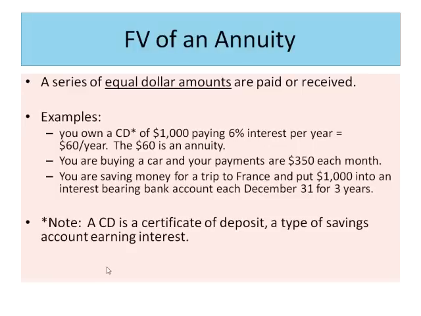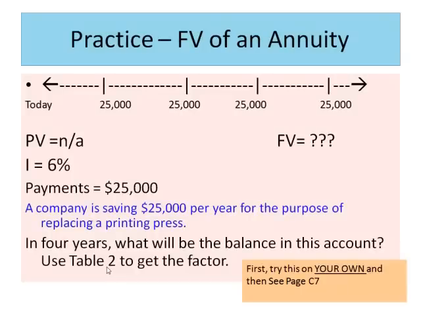At the end of those 3 years, what is it worth? So we're going to have some examples here calculating future value of an annuity. Now again, I like to show the timeline because I think people work better with some sort of a picture. But you can see I've got all my variables here.